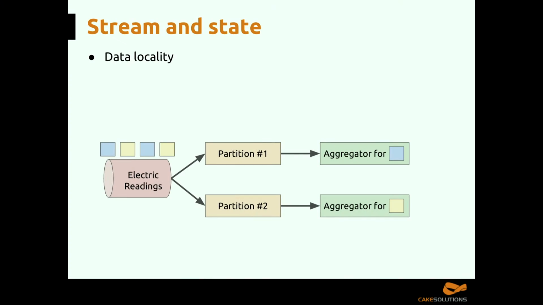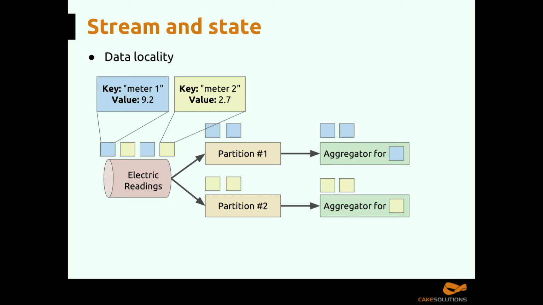So in a naive setup, if we just use Kafka as it is, and we pipe events from multiple meters into the same topic, the data is randomly distributed across multiple partitions. Now this means that the aggregator nodes will then not receive all the data that they require, thus the aggregator will produce the wrong result.